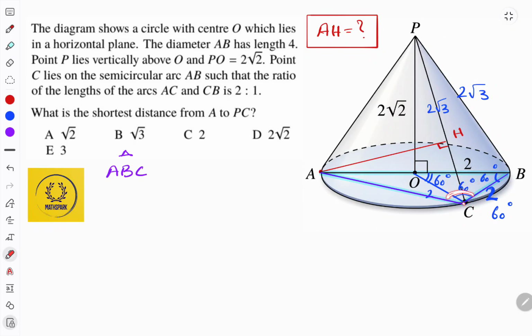Angle C is an inscribed angle and it opens to the diameter, or half of the circle. And we know that when you have an inscribed angle that opens to the diameter, the size of that angle is 90 degrees. So we found that angle ACB is 90 degrees.